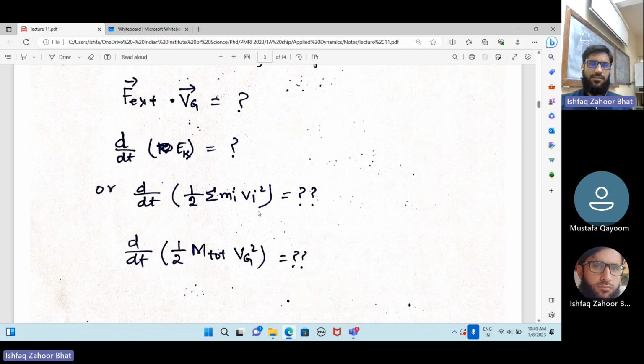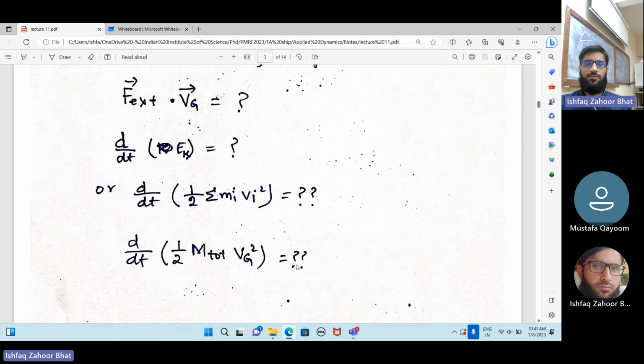These are the kinetic energy only which I am concerned about. So this is also the kinetic energy of the system, and we want some expression for this. And the obvious question is, what is this d by dt of the kinetic energy of the center of mass?